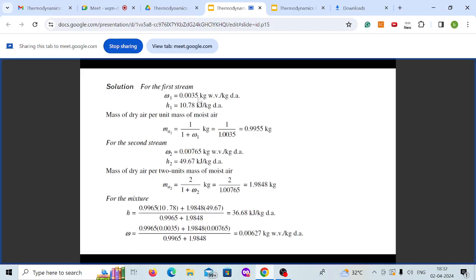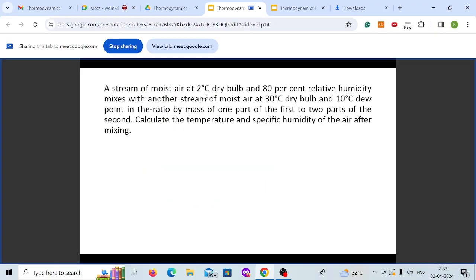We'll first calculate the properties of the first stream. For the first stream, your specific humidity will be 0.035 kg of water vapor per kg of dry air. Similar to what we calculated in the previous problems, you can take the saturation pressure at 2 degrees Celsius.